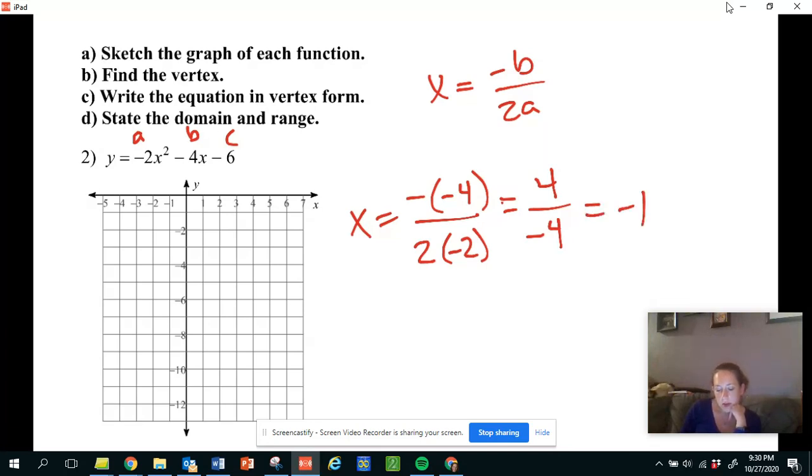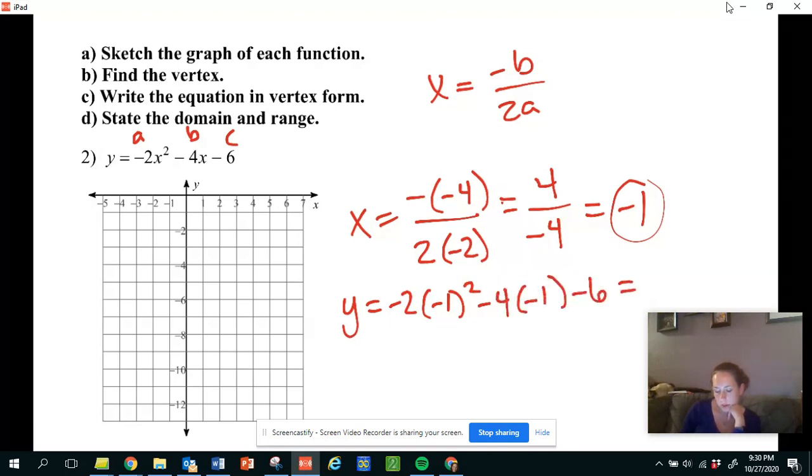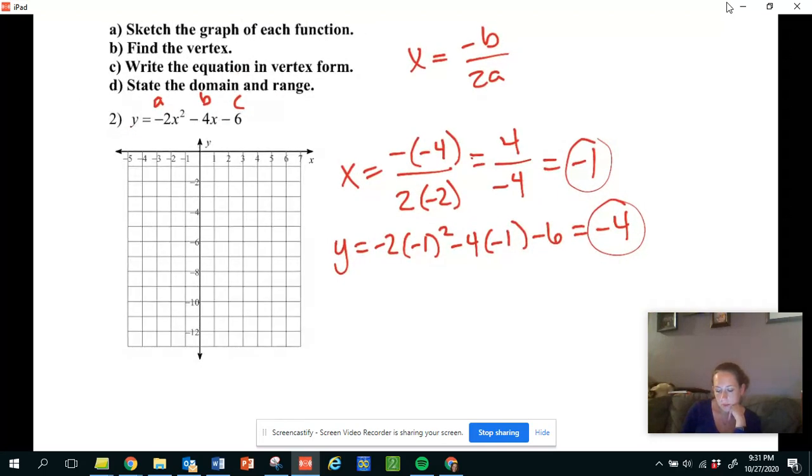To find the y of the vertex, I would plug what I got for x into the equation. So -2 times -1 squared minus 4 times -1 minus 6, which would give me -2 plus 4, which is 2, minus 6, which is -4.